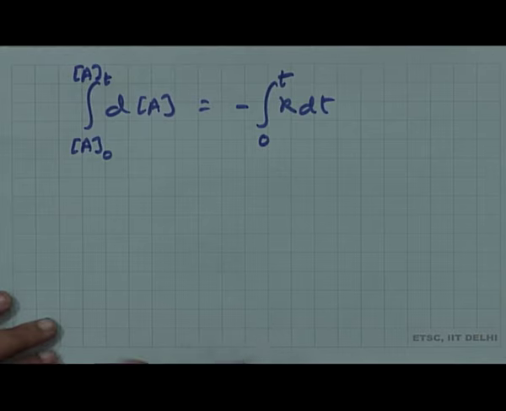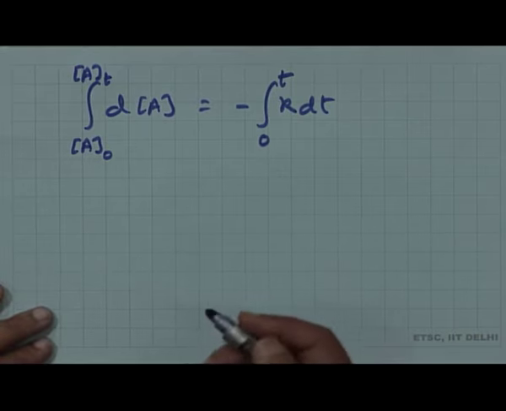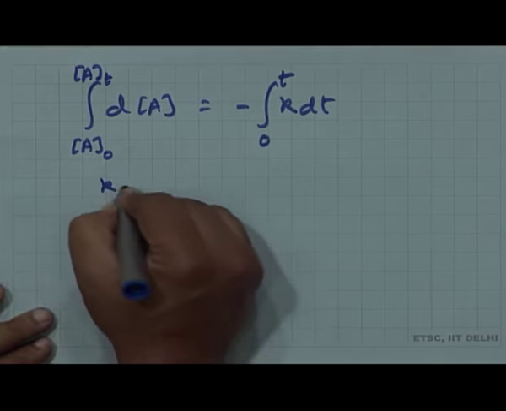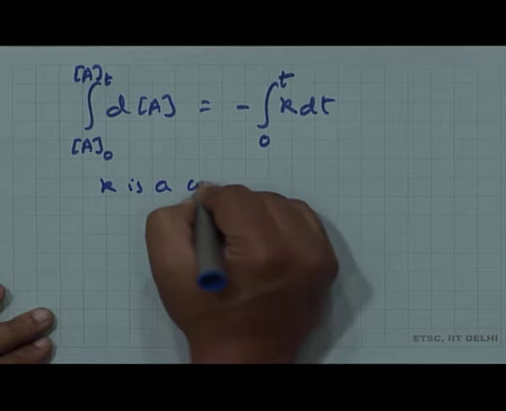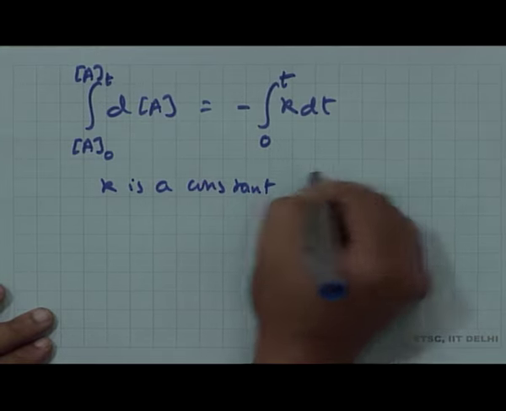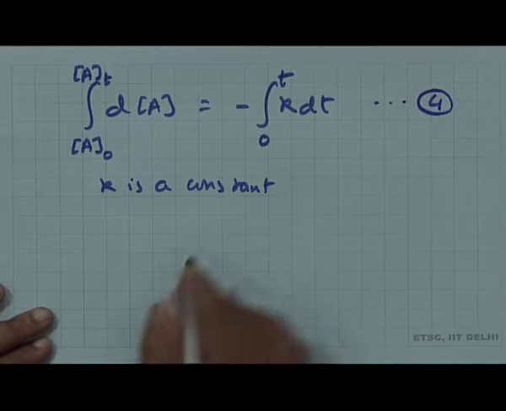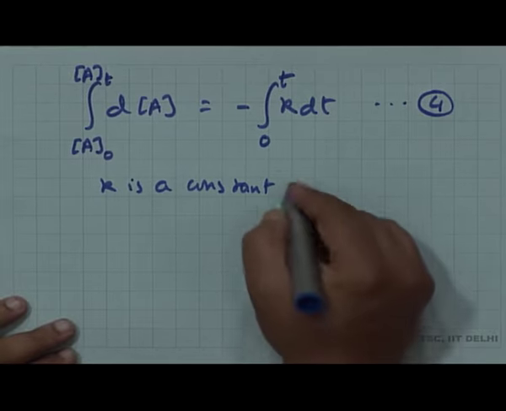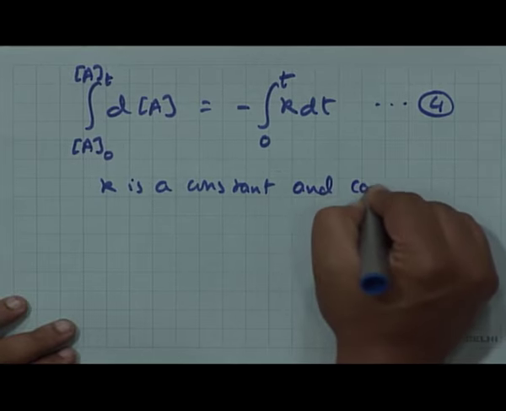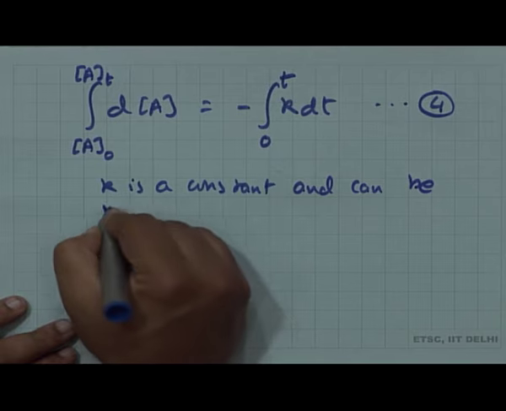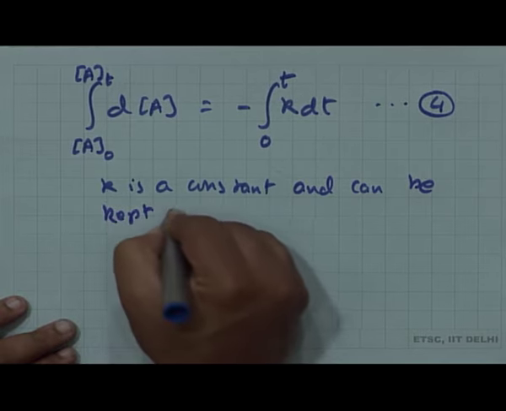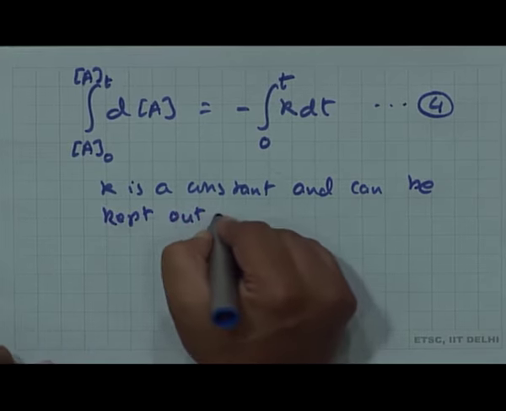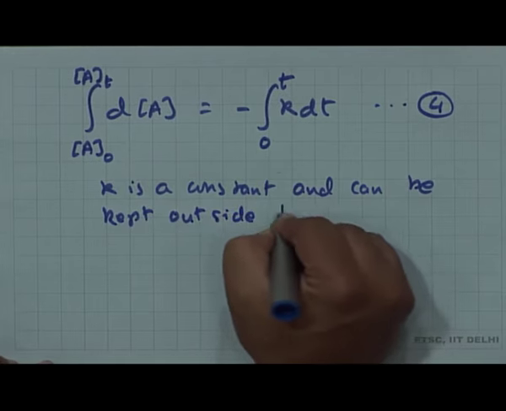So, if that is the case, then I go ahead and do the integration, keeping in mind that K is a constant, let this be equation 4, K is a constant and can be kept outside the integral, right.